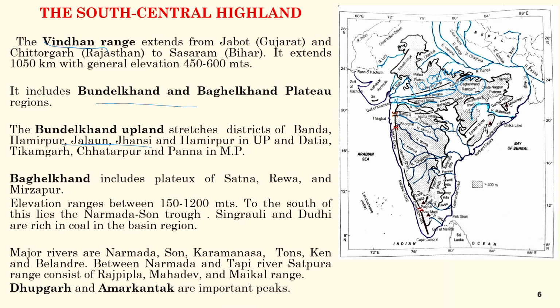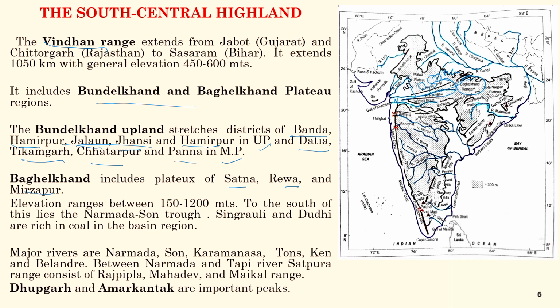The Bundelkhand upland stretches over the districts of Banda, Hamirpur, Jalaun and Jhansi from Uttar Pradesh, and Datia, Tikamgarh, Chhatarpur and Panna from MP. Whereas Baghelkhand includes a number of plateaus such as Satna, Rewa and Mirzapur.